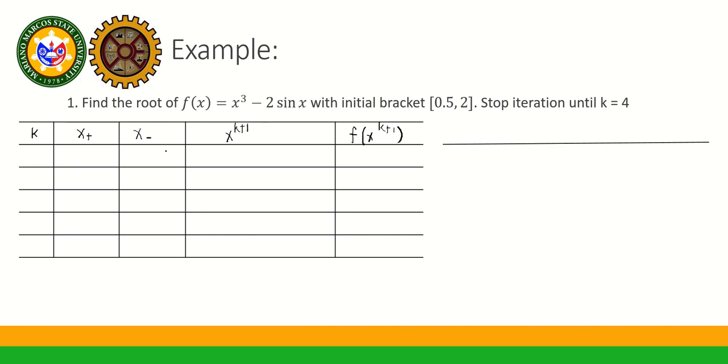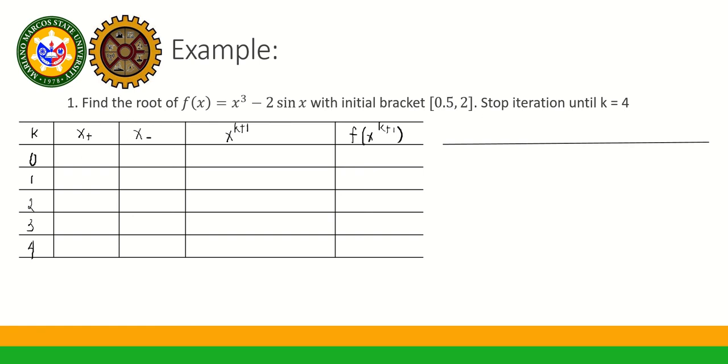Okay? So, ito, since stop iteration until k is equal to 4, so we'll start at 0. At k is equal to 0. So, 0, 1, 2, 3, and 4. So, how do we know kung, since given tayo ng initial bracket, which is si x positive and si x negative. However, how do we know kung sino si x positive and kung sino si x negative dito?